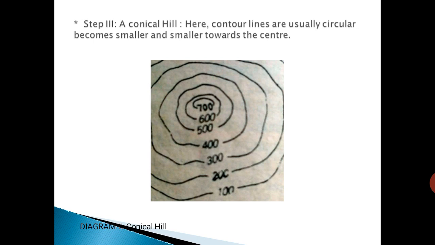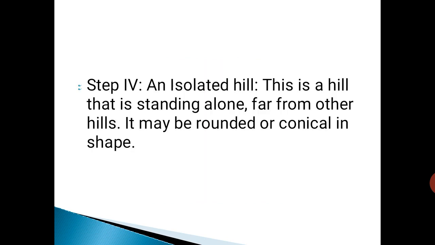As you are seeing the feature in diagram 2 here, the height of the contours started from the lowest one, 100, and kept on increasing, 200, 300, 400, until you get to the smallest one inside, which is about 700 meters of height. So when you see this type of feature on a map, it is called a conical hill.